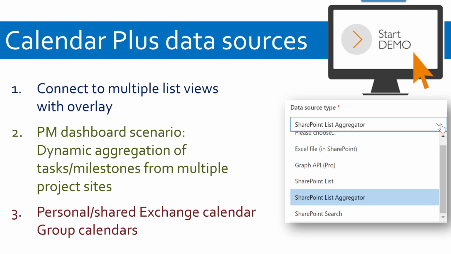It's not a list data source, it's a list aggregation data source. You configure its query and its starting point, and it dynamically aggregates from that point whatever you want to aggregate. It means that you won't need to update the settings every time a new project site is added. So that's why I'm saying it's a dynamic aggregation.